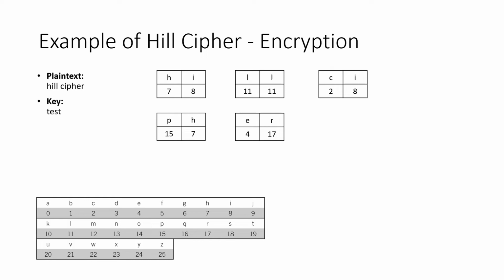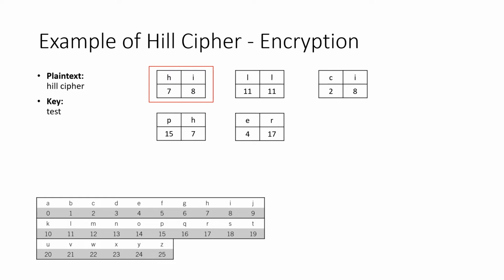So we see, for example, that letter H, the very first letter, corresponds to number 7, and we got this value by reading the mapping table between the English alphabet and numbers in mod 26. For the purposes of demonstration, we are only going to focus on the very first block. We're going to see the detailed calculation of how the encryption process can be carried out on the first block. We're going to do the same process for every other block, but we're not going to go through the details of those blocks. However, we're going to see the encrypted values for those blocks.